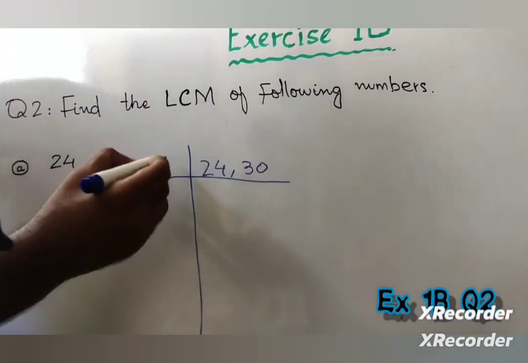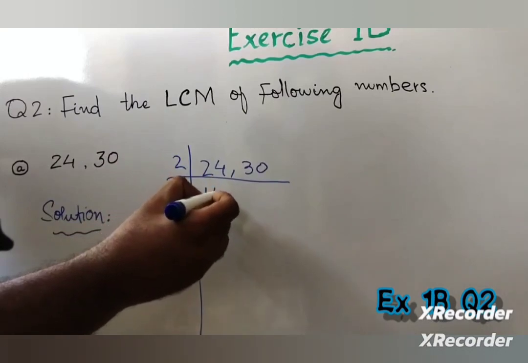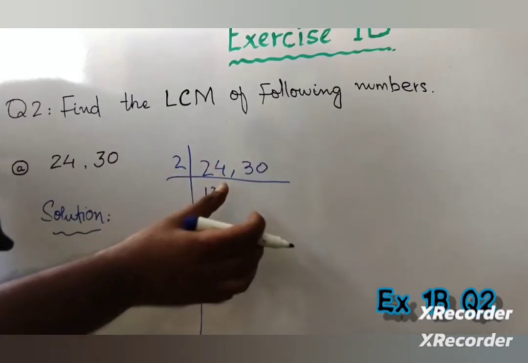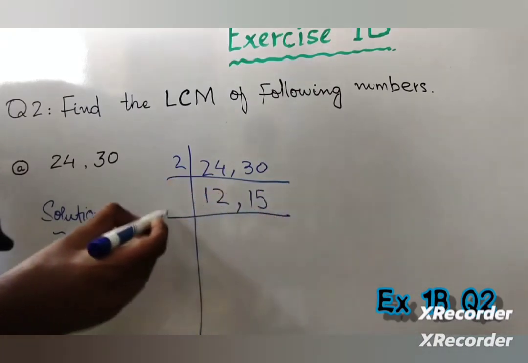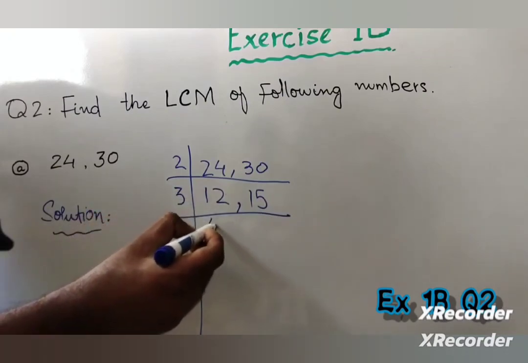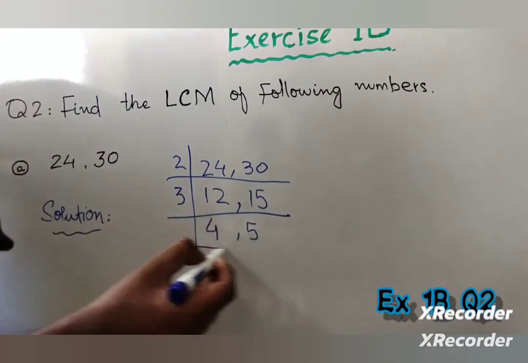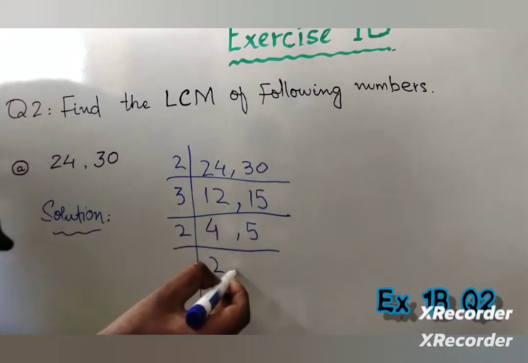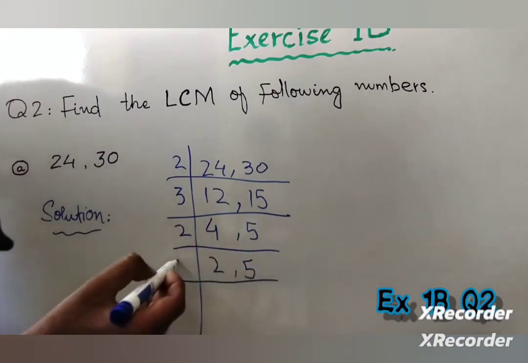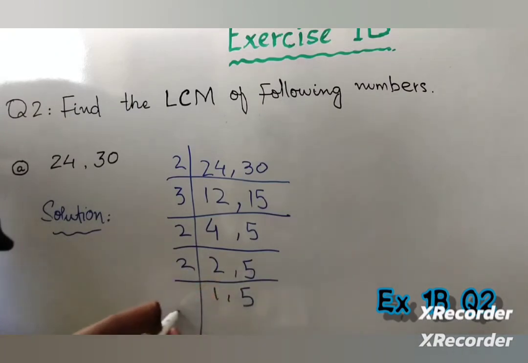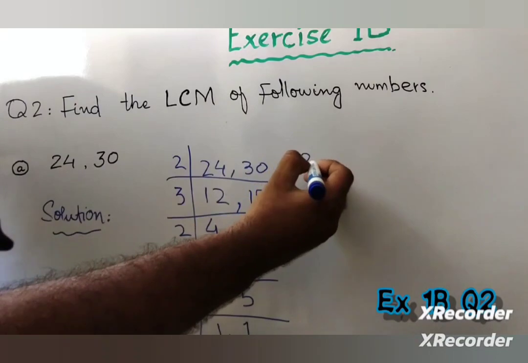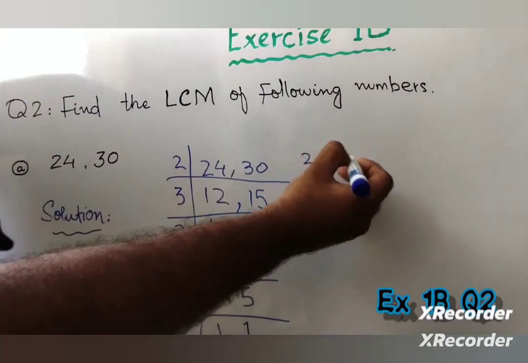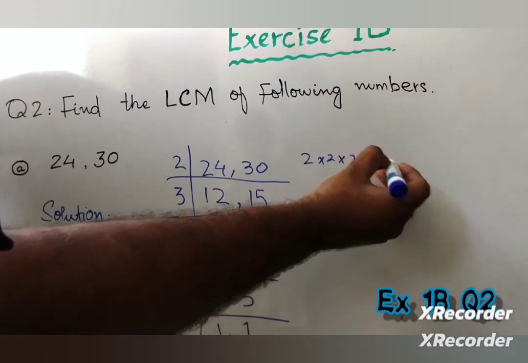Like SCF, what factors we get? 2 multiplied by 2 multiplied by 2 multiplied by 3 multiplied by 5.